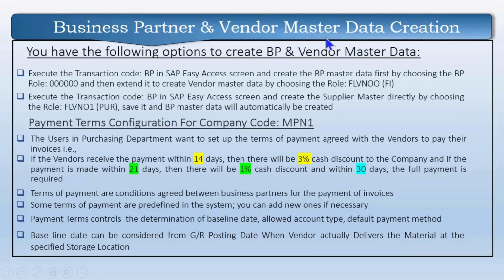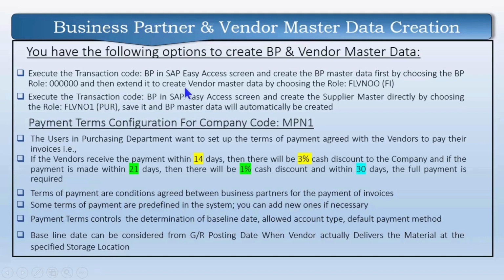Business partner and vendor master data creation. You have the following options to create BP and vendor master data. Execute the transaction code BP in the easy access screen and create the BP master data first by choosing the BP role, that's the general data.